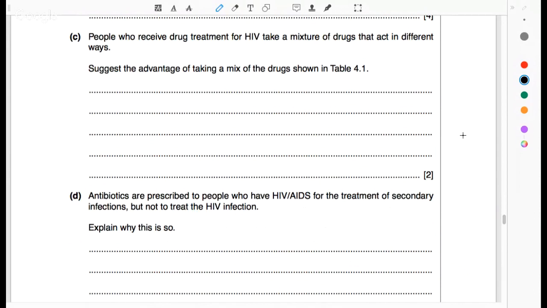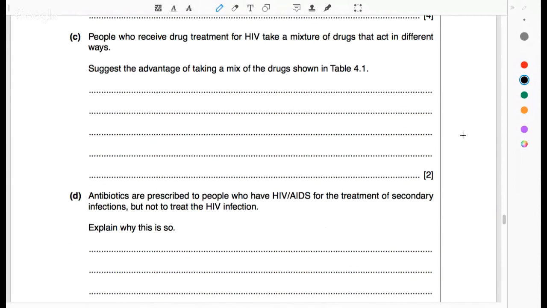So it's less probable that the virus is resistant to all drugs.